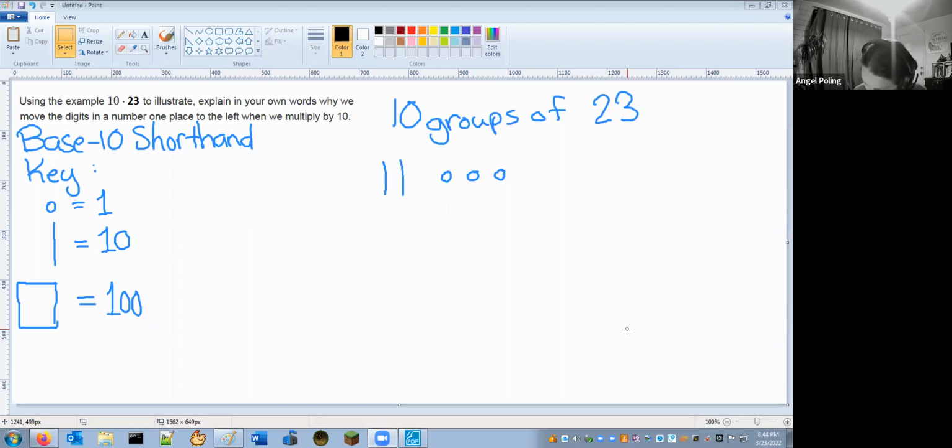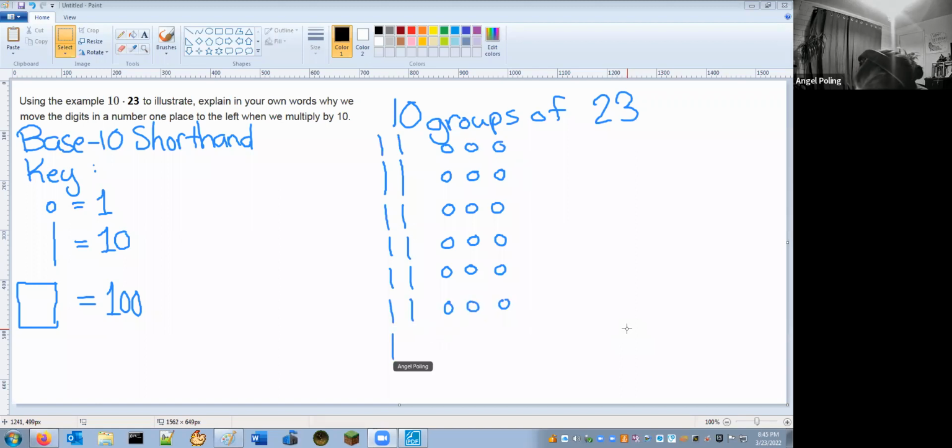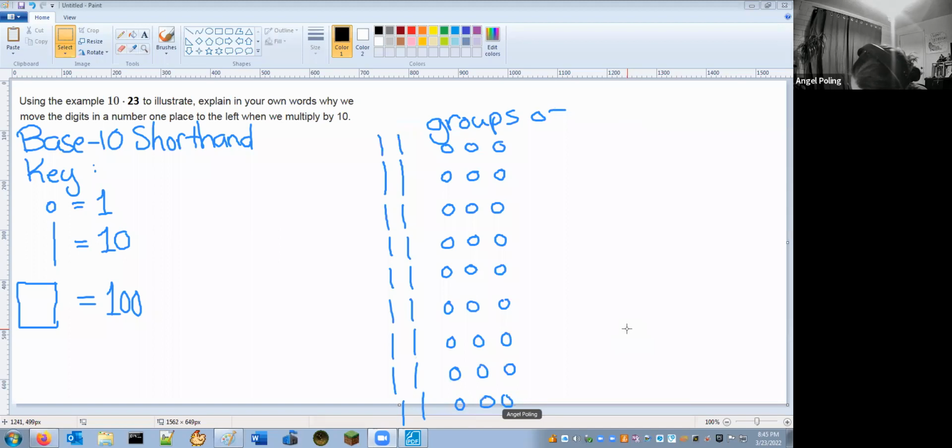So we will write 10 of those. Put 1 up here, so I have enough room. 1, 2, 3, 4, 5, 6, 7, 8, 9, 10. So we have 10 groups of 23.